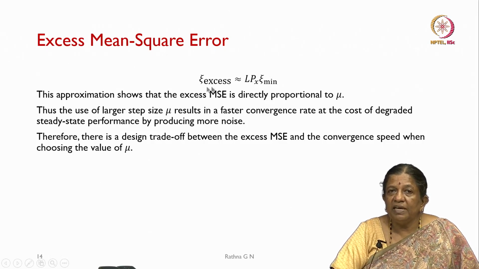Which is, eta excess is given as L into Px into eta minimum. So, we know that the approximation shows that the excess mean square error is directly proportional to our mu, and then the use of a larger step size mu is going to result in a faster convergence rate at the cost of degraded steady state performance by producing more noise.